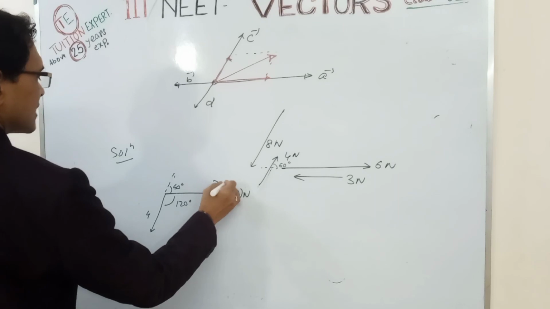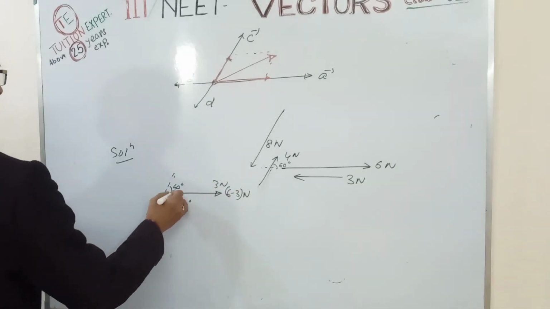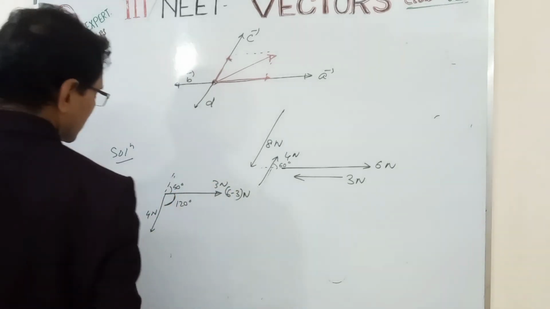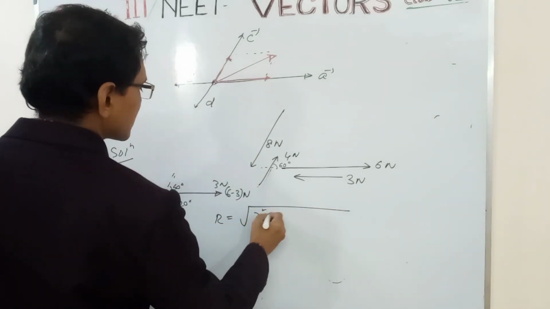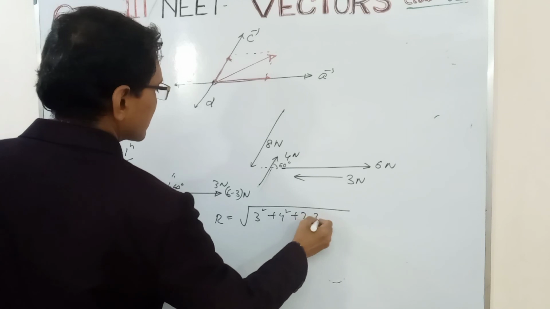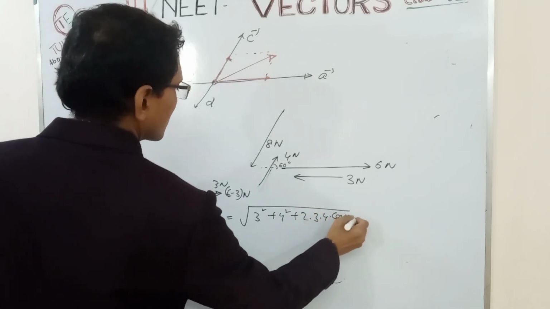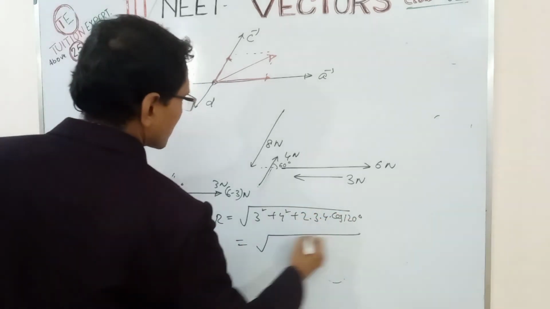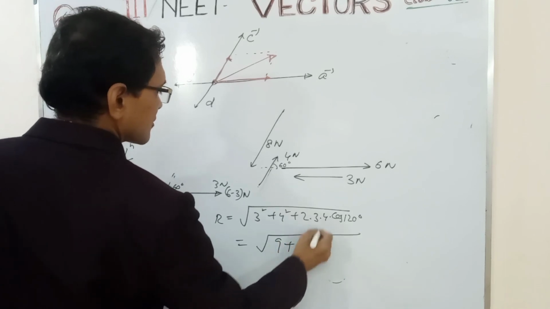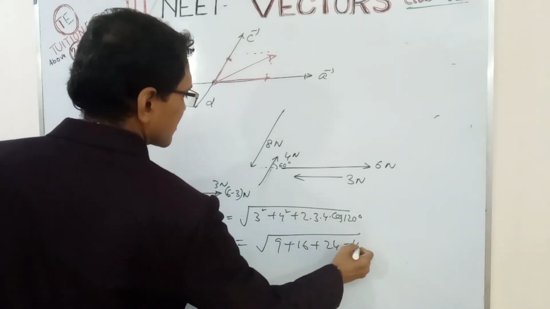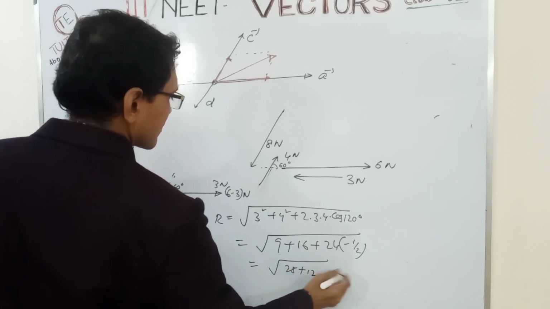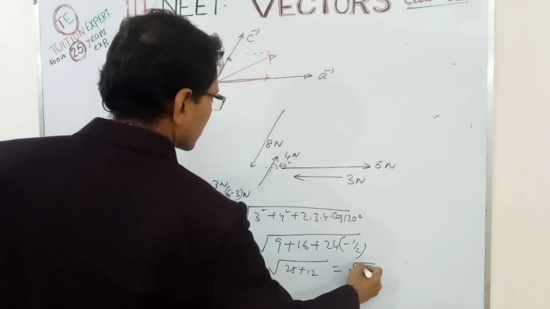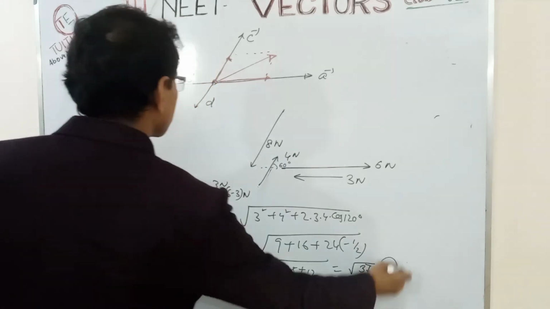Now 3 Newton and 4 Newton act with an angle of 120 degrees between them. So what is the result? The result will be this, this is the answer.